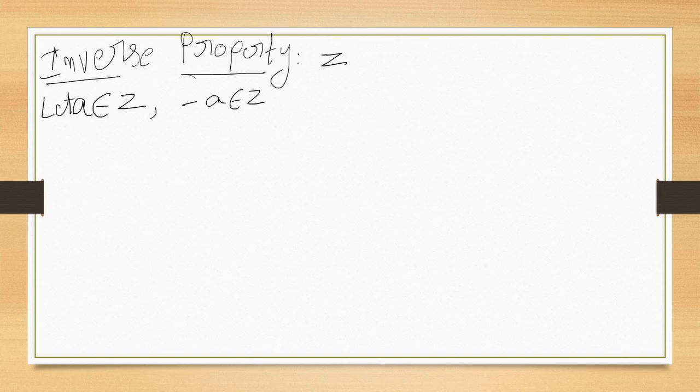Then a plus minus a is equal to 0. That means the addition of the two numbers a and minus a is equal to 0.